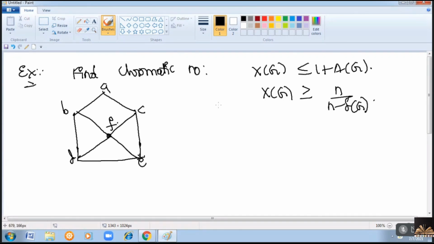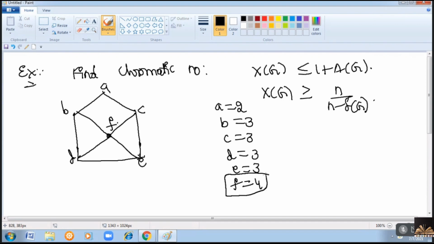What is the degree of A? Degree of A is 2, degree of B is 3, C is again 3, D is 3, E is 3, F is 4.